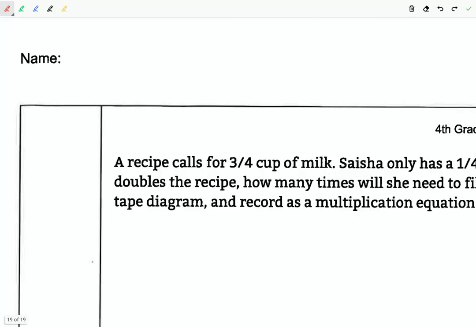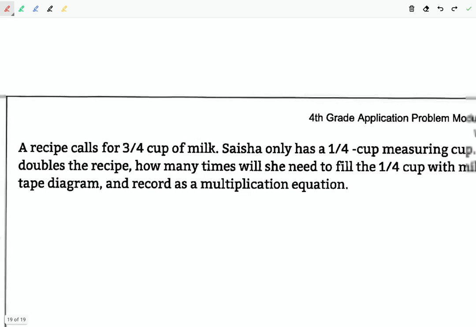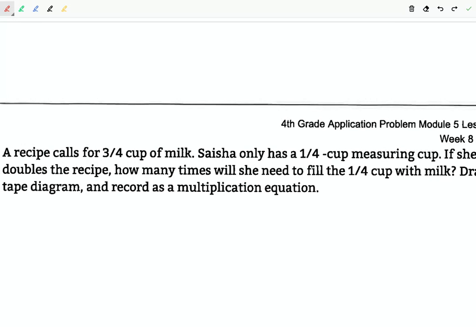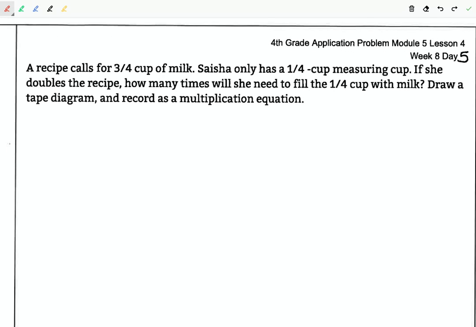There's a word problem in here. There are many ways of approaching these word problems, so whatever works for you, you do that. I am going to explain it the way that makes sense to me. It says a recipe calls for 3/4 cup of milk. So in other words, one recipe requires or calls for 3/4 cup of milk.